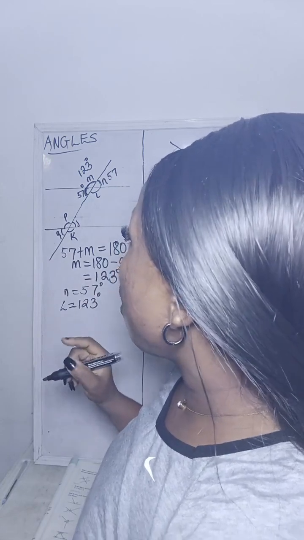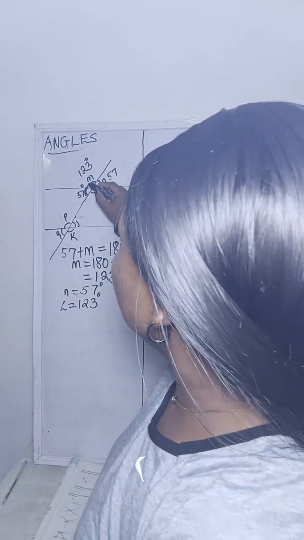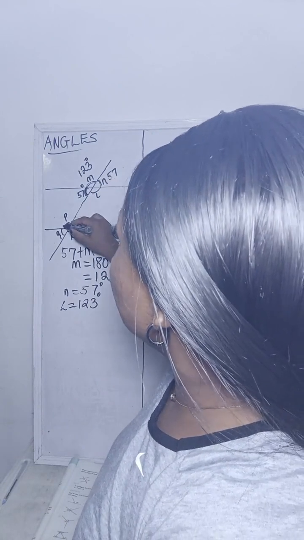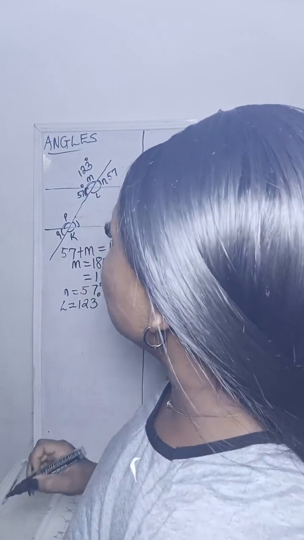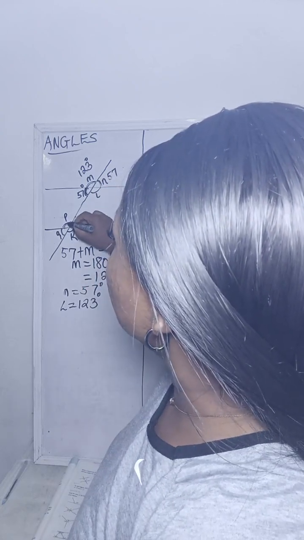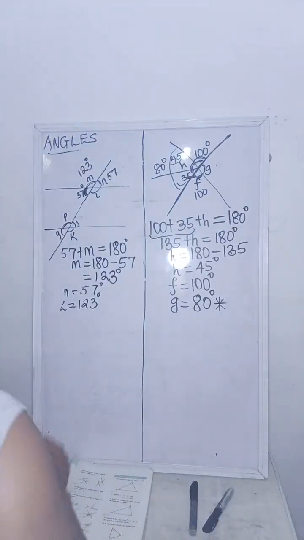How do we get all of this? Now there's something called corresponding angles. M and P are corresponding angles, and corresponding angles are equal.